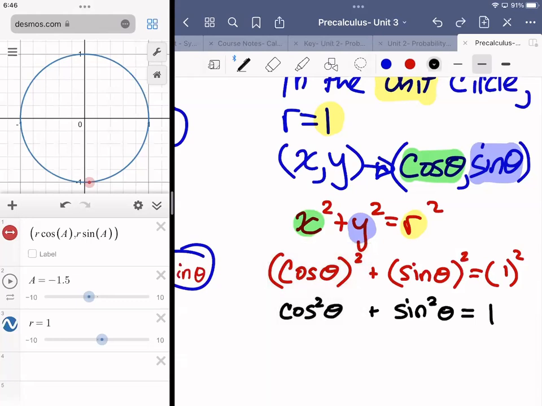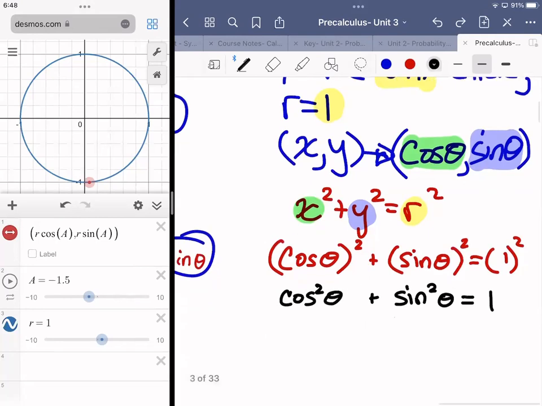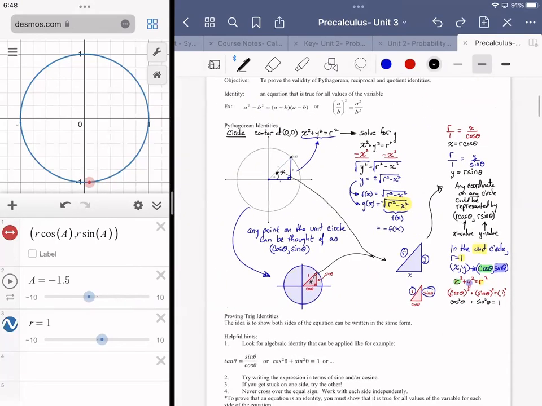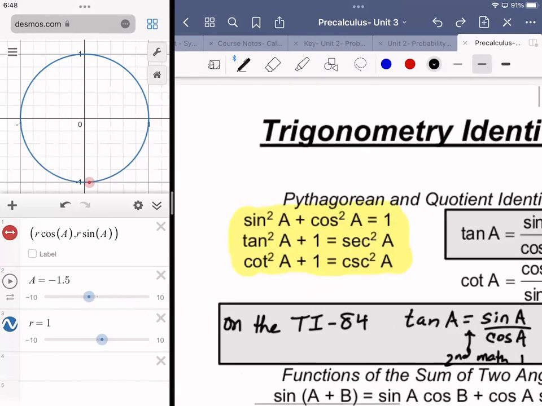Also, a lot of forms of technology don't really respond to this. The TIs have a hard time with that, but the Desmos does just fine with it. Right? It just takes a little scrolling and tapping, but you get there. Right? So this is the Pythagorean identity. If we go back, I'll zoom back in a second, but I just want to take you here.